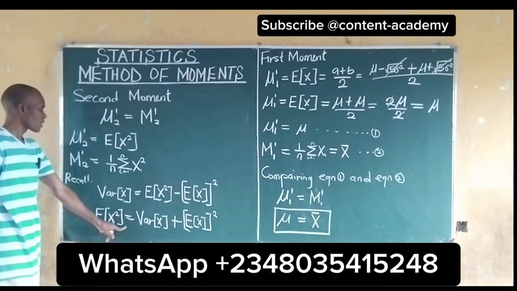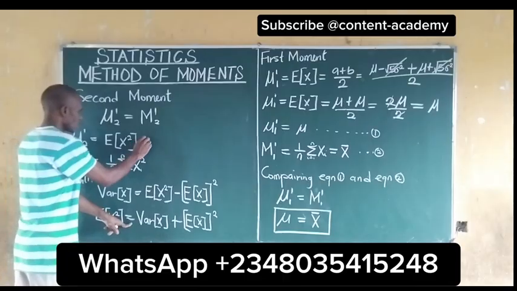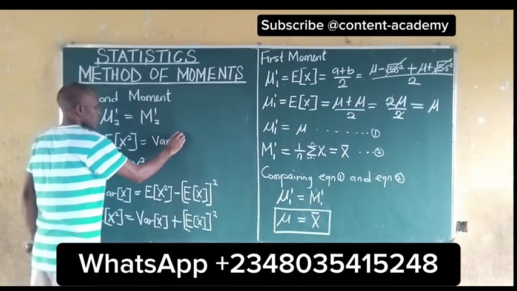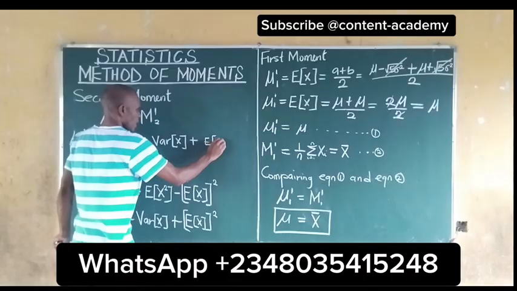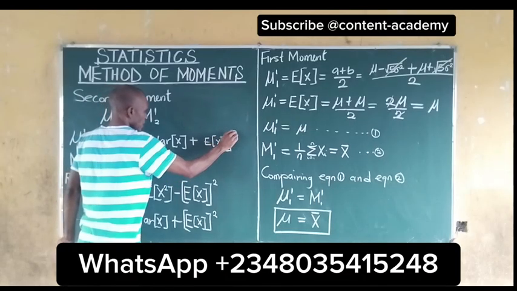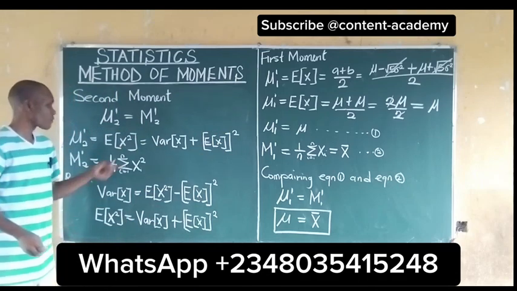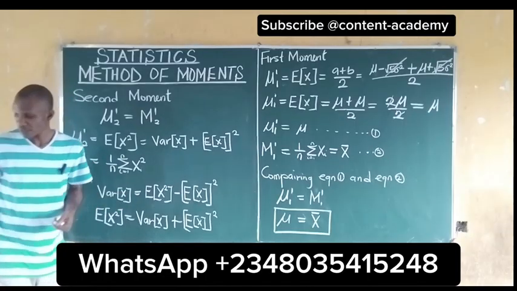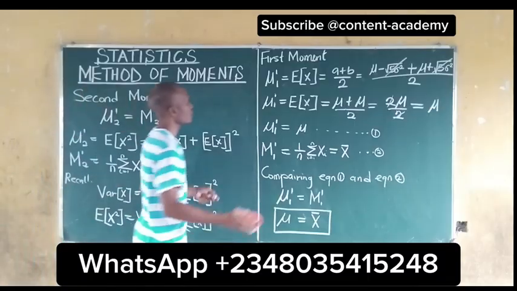So this is what we'll get. So it then means that our population mean is the same thing as the variance of x plus the expected value of x all squared. So we'll solve for this before we now compare to get our estimates. We'll move over to the other side of the board.